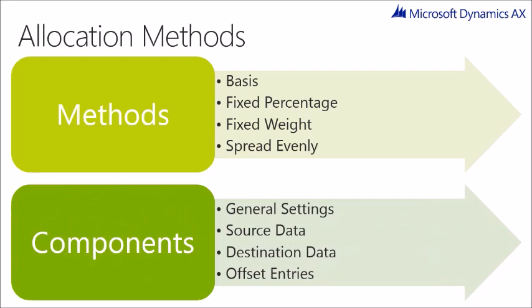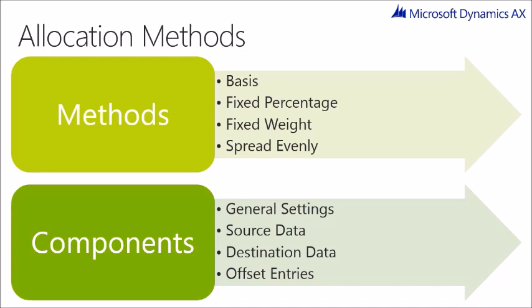Ledger allocation rules allow you to define the results you want in the allocation business process. Each ledger allocation rule has 4 primary components: the general settings, which dictate which fields are available in the Rules tab; the source data for the allocation, which is also known as the allocation pool.